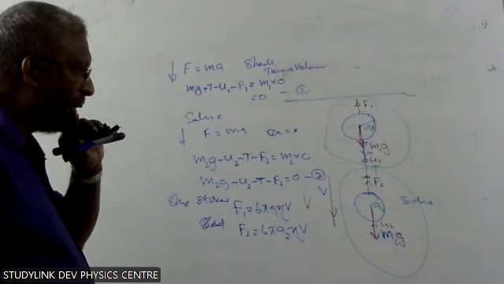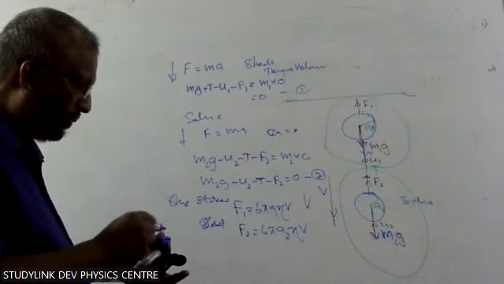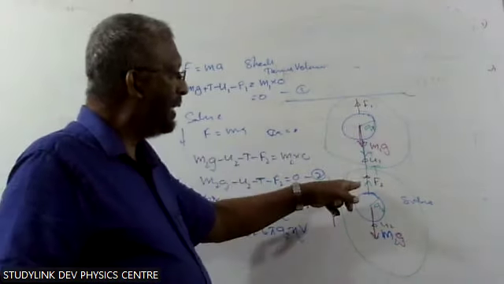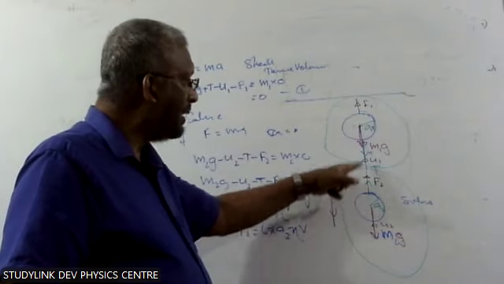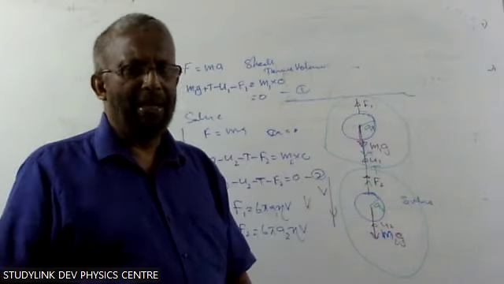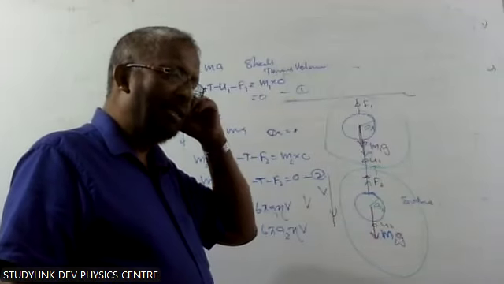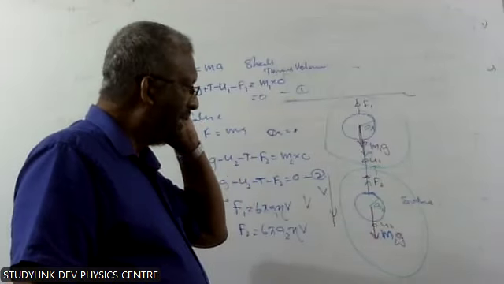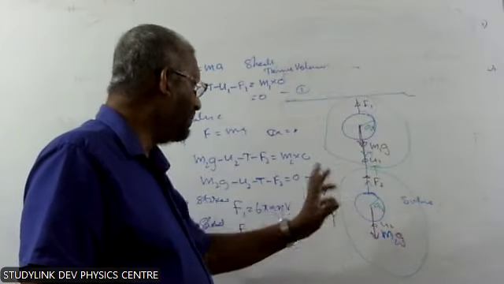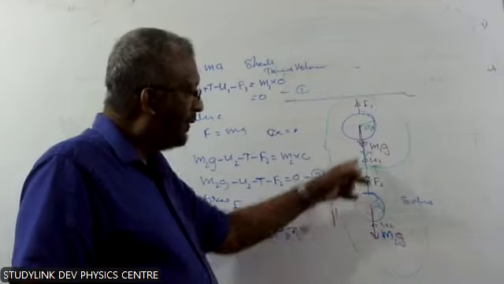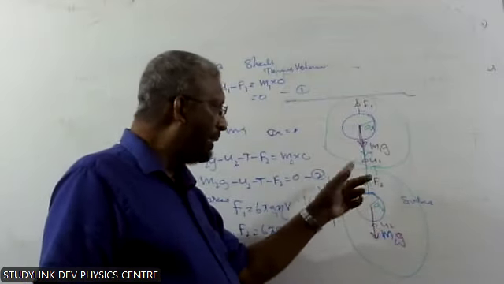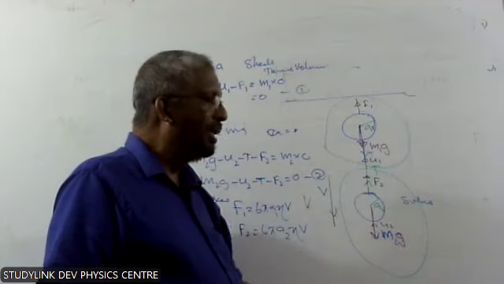Then you should know other things. The tension is concerned because it should be an inextensible light string. It is not given if you want, but this is not directly the mechanics question. Therefore, there is no need to write that. If you want, better to write. If they do not say about the string, assume an inextensible and light string.